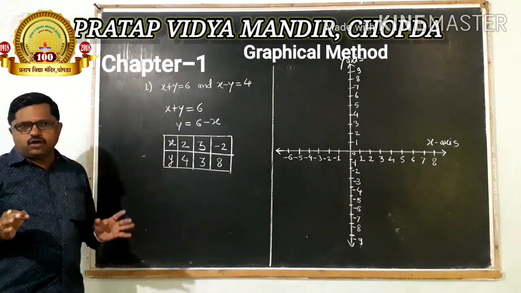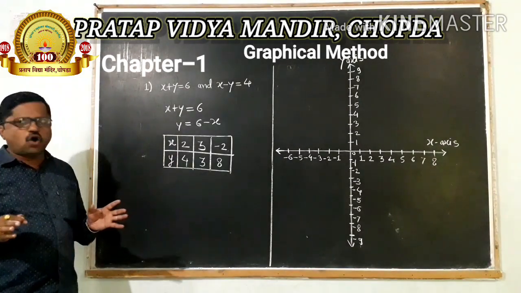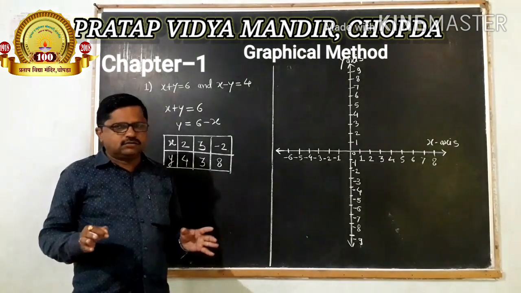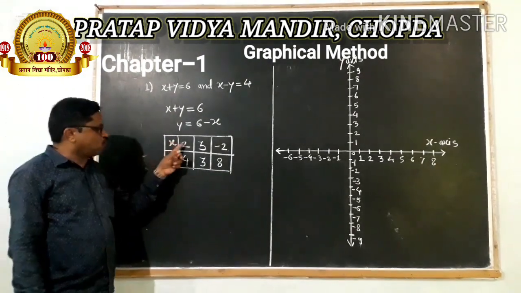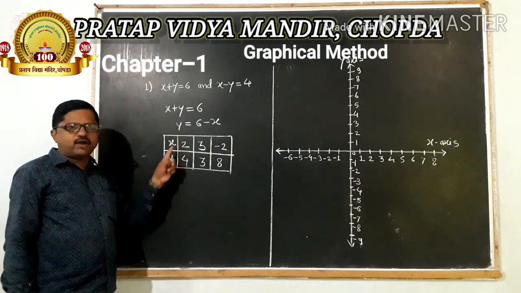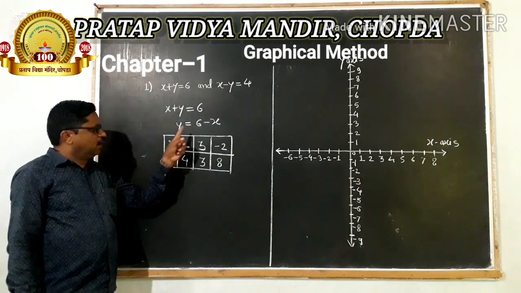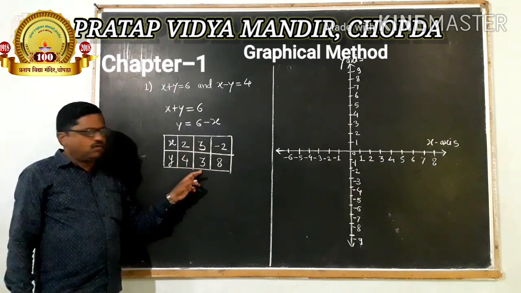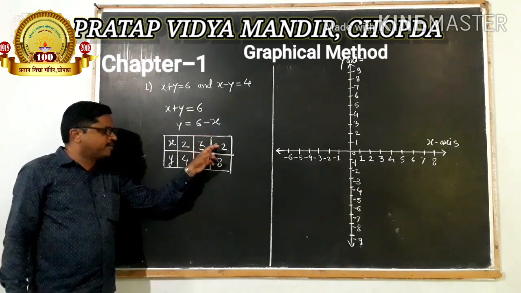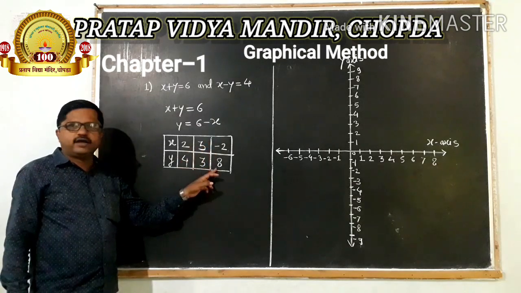Now dear students, we have the values of 3 points and their coordinates. The x coordinate of the first point is 2 and the y coordinate is 4. For the second point, the x coordinate is 3, y coordinate is 3. For the third point, the x coordinate is minus 2, y coordinate is 8.